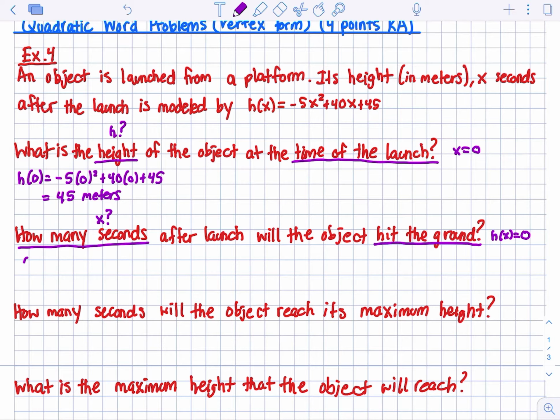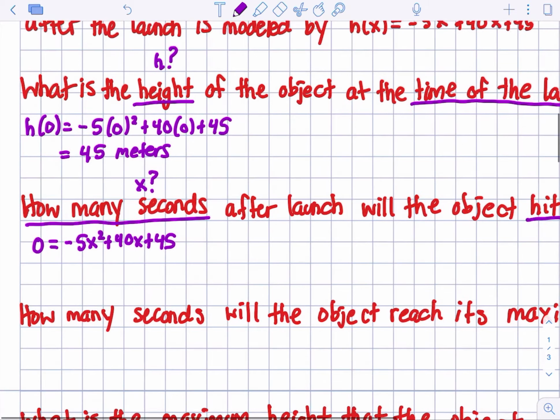So 0 is equal to -5x squared plus 40x plus 45. In order to solve this, this is in standard form and it's equal to 0, so that means you have to do the quadratic formula. So x is going to equal -b plus or minus the square root of b squared minus 4ac all over 2a.